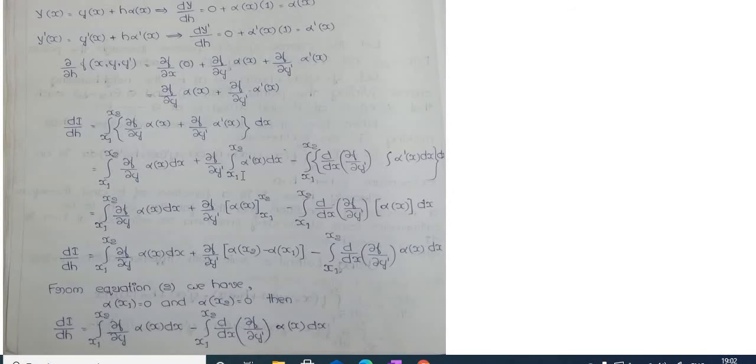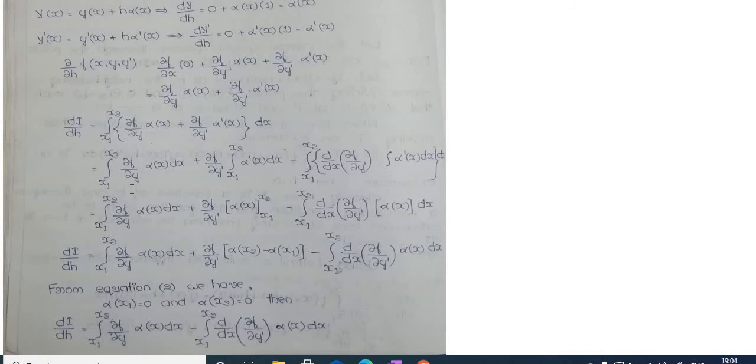So separate integration. Here we observe ∂f/∂y alpha of x dx, ∂f/∂y dash integration from x1 to x2 alpha dash of x dx minus. So observe here we are going to write integration for both terms separately.